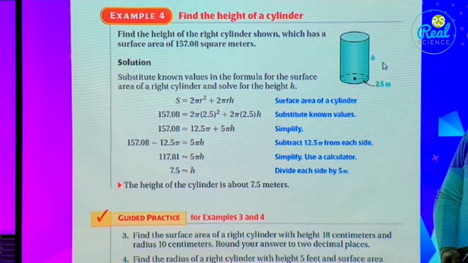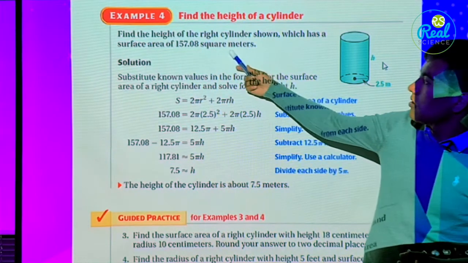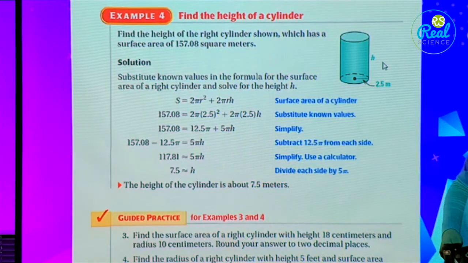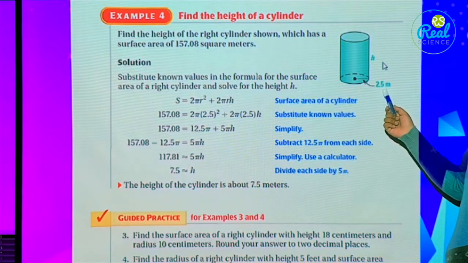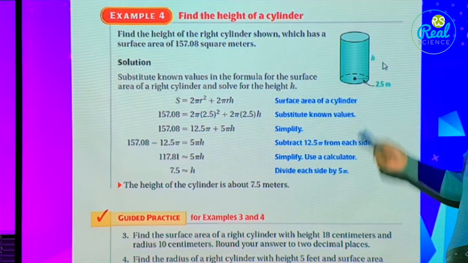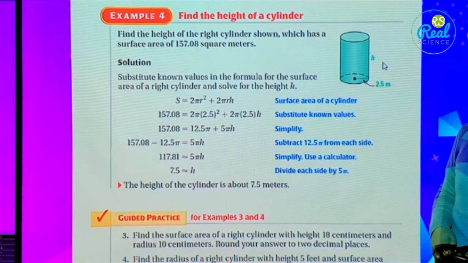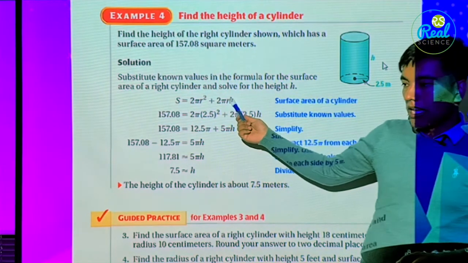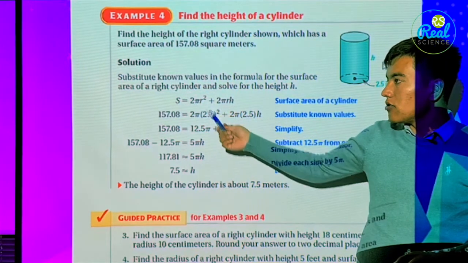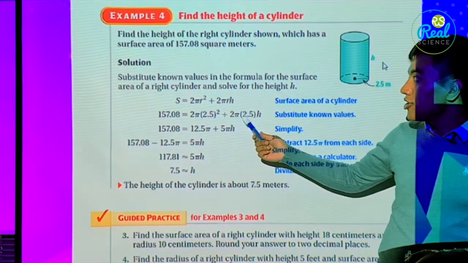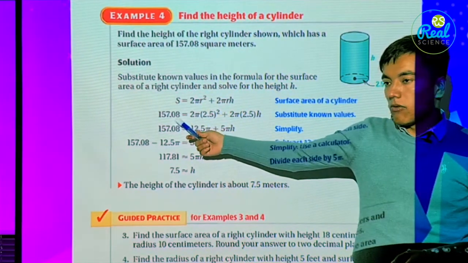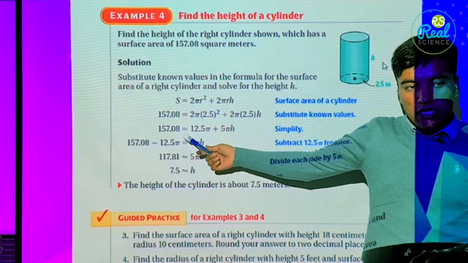Solution. By the way, we have a radius also, 2.5. Radius also is given.